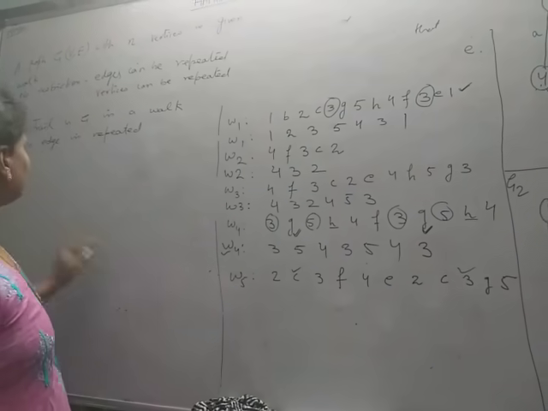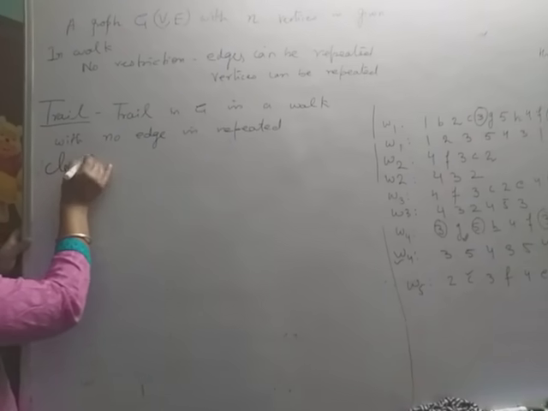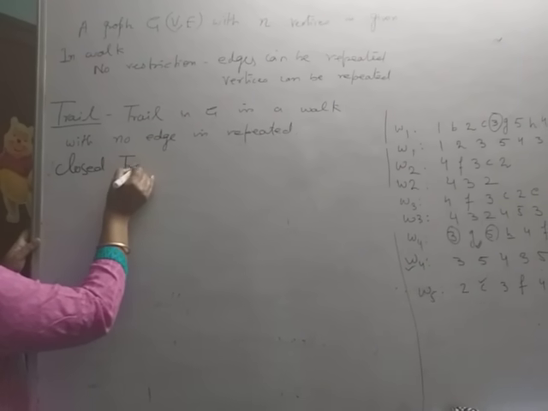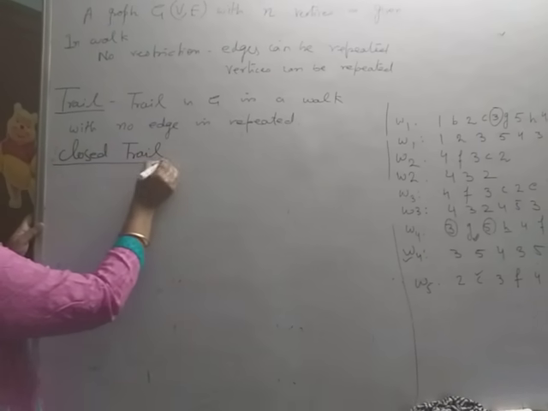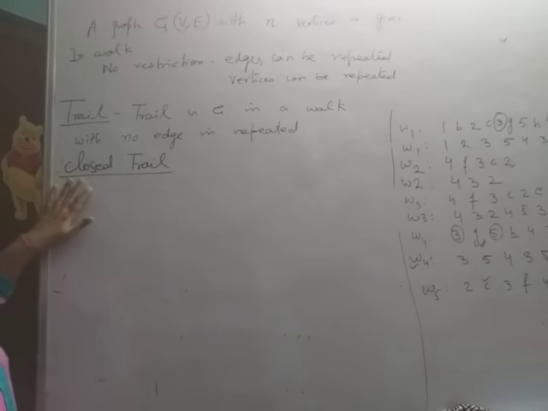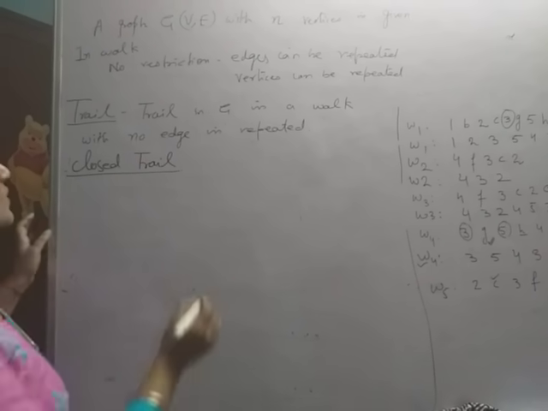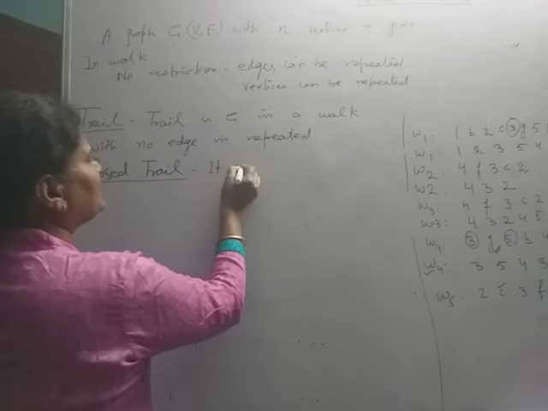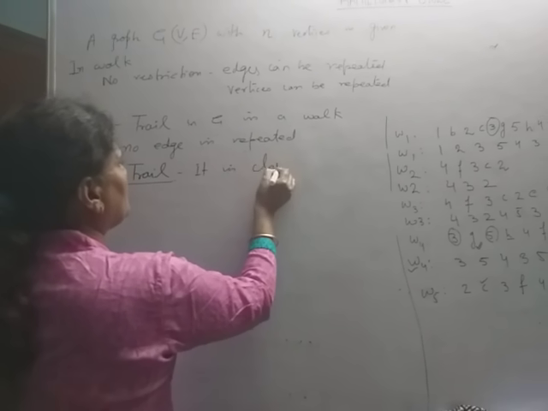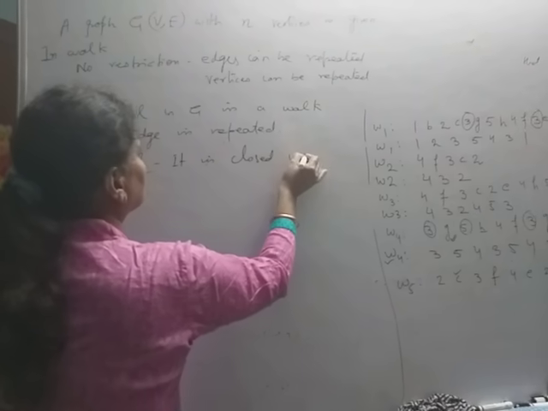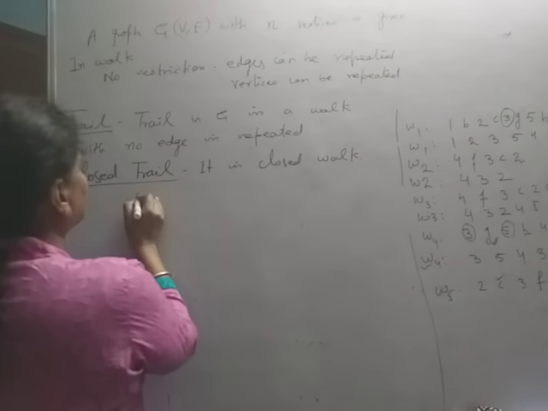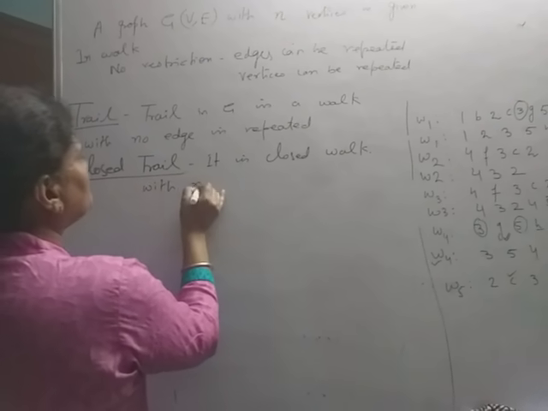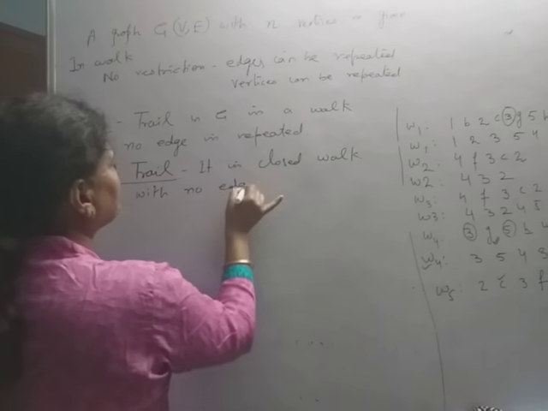Okay, like closed walk, there is the same concept, the closed trail. What is closed trail? The closed trail is a closed walk with no edge repetition.